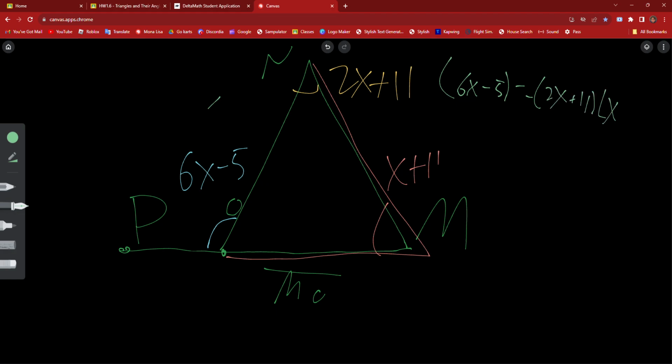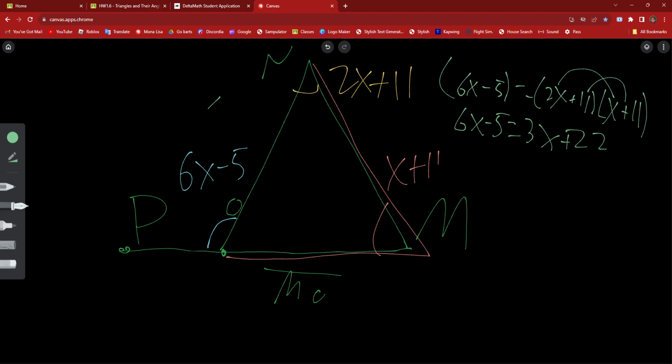I would just put parentheses around them because you're not adding them. Yeah, I mean, you're going to distribute eventually. Right now you're going to distribute, so 6x minus 5. Those equal 3x, and then these equal 22.